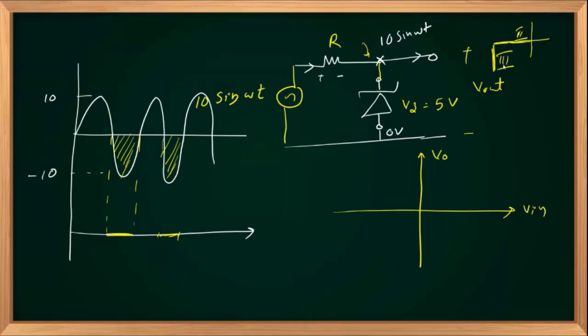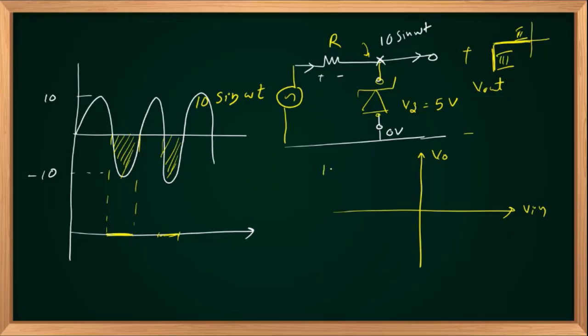If it is in region number 2, it acts as an open circuit because the current flowing through the diode is 0 amperes. So it is in open circuit. When it is in the second mode, what will happen? The diode was connected like this.